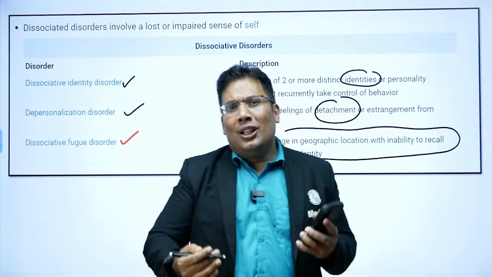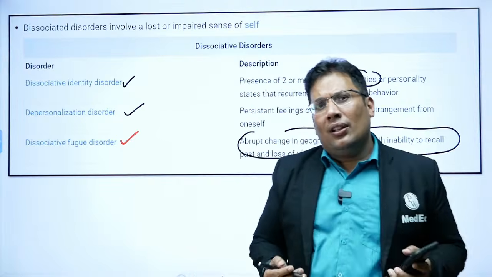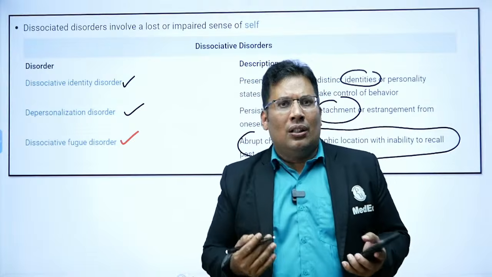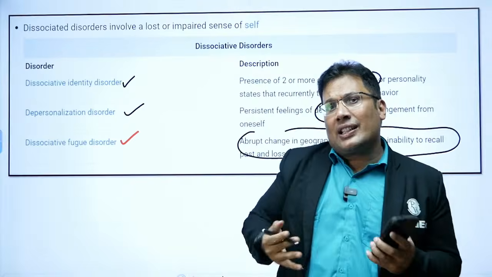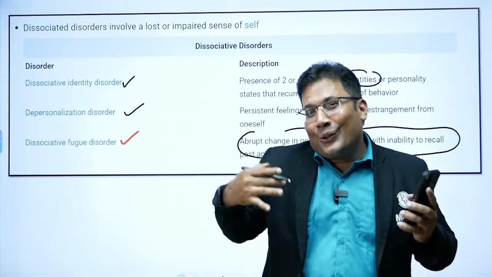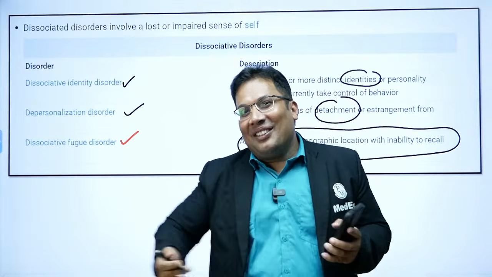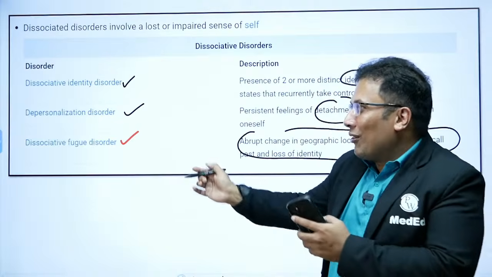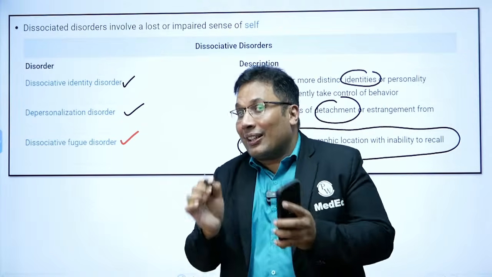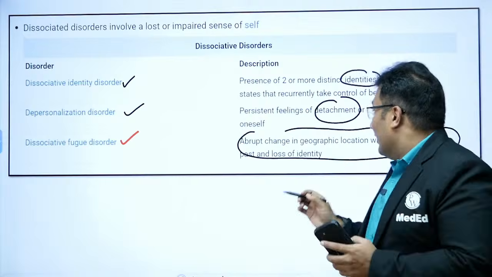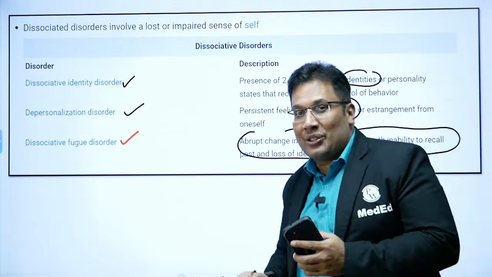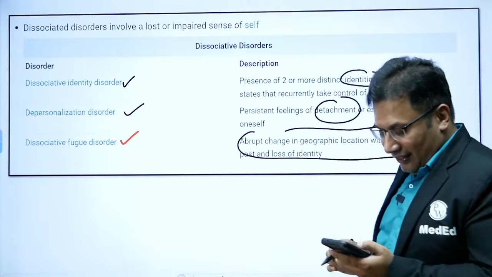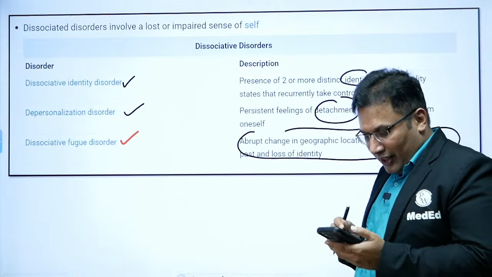For example, me staying in Bangalore, suddenly I go to some place like Delhi and I'm unaware of that, and I start some new life there. So new car, new family, something like that. That is known as dissociative fugue disorder. And remember, this is not intentional. This is an abrupt change in geographic location with inability to recall the past and loss of identity. Okay. Yes. Good.